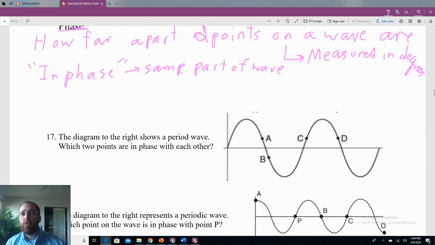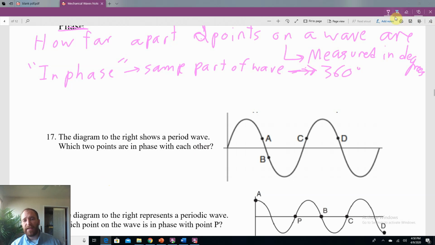And we consider one full wave to be 360 degrees. So a full wave is 360 degrees. That should be easy to remember because it's like a full circle. A full circle is 360 degrees around. A full cycle is 360 degrees for these waves.